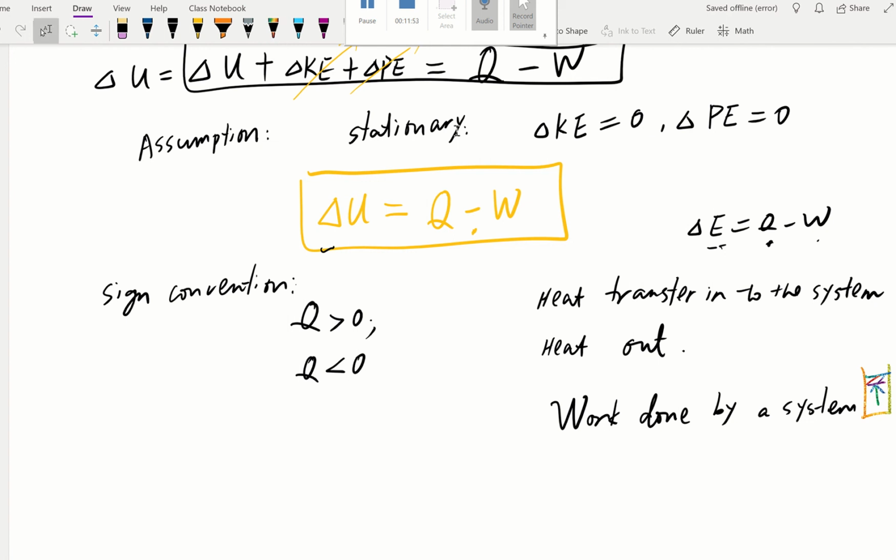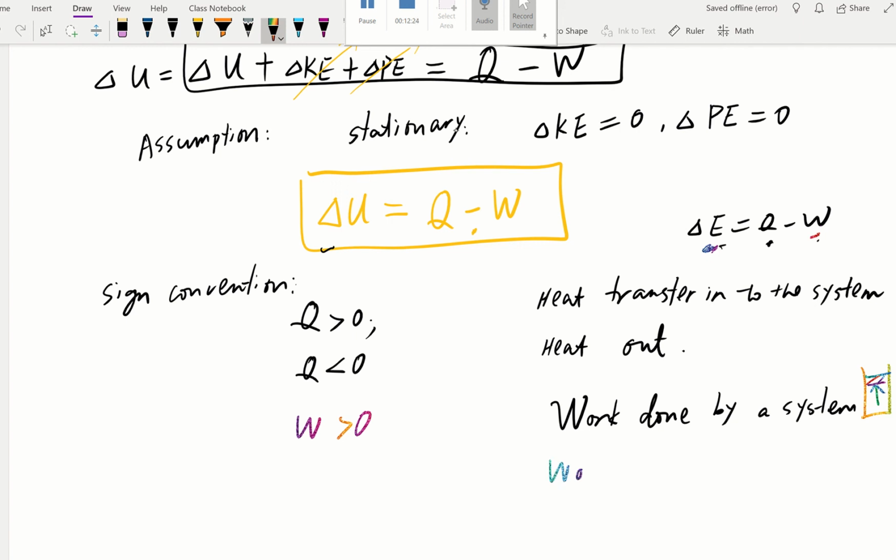It's going to decrease, right? So in that situation, my delta E should be negative. But I'm here having a minus value for W. So my W will actually be positive, because I'm going to minus a positive value to get a negative. So my energy will decrease, because work done by a system means the energy will decrease. All right, so that is very important.